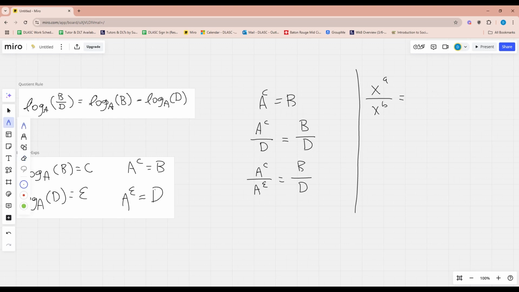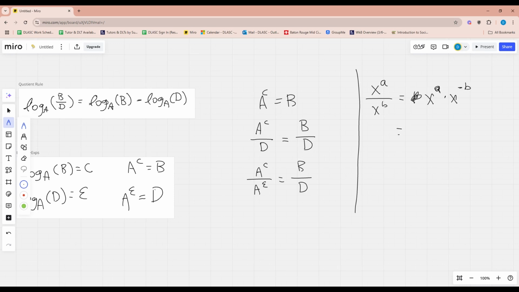Or rather, it would probably be better to show it as x to the a over x to the b is equal to x to the a times x to the negative b.